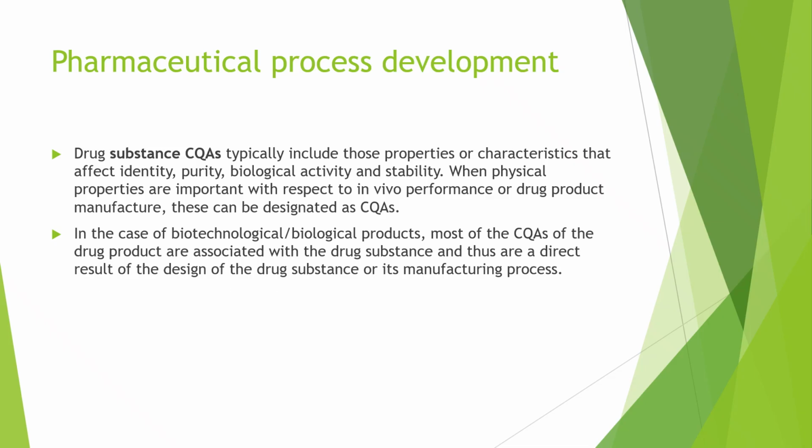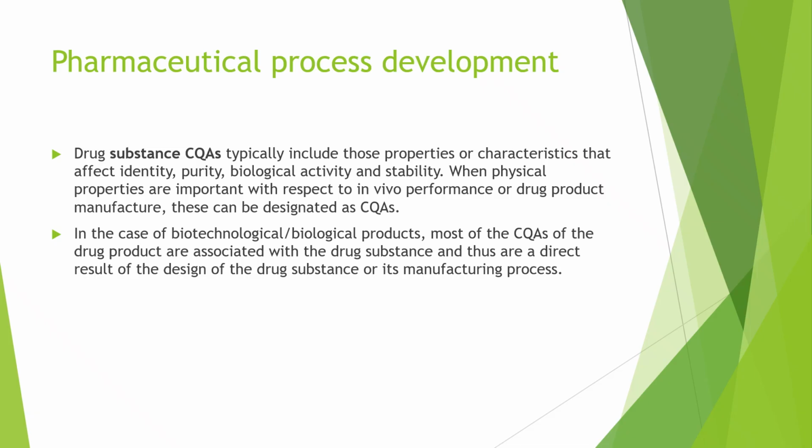Drug substance CQAs typically include those properties or characteristics that affect identity, purity, biological activity and stability. Means what we are seeing here, critical quality attributes typically include characteristics that affect the identity, purity, biological activity and stability of the product.